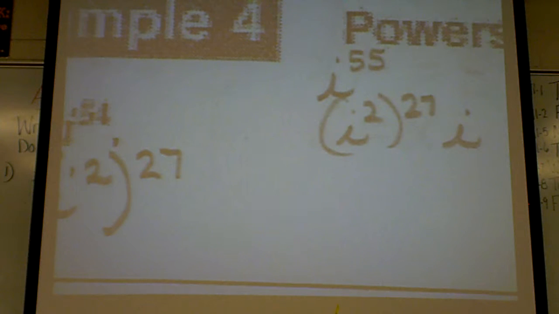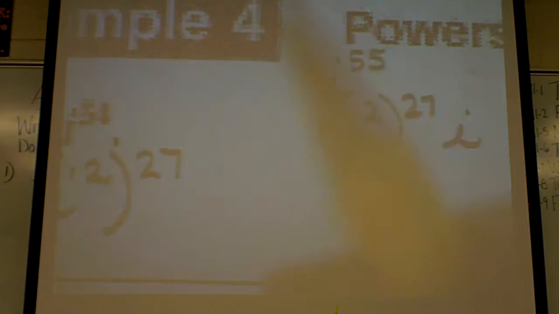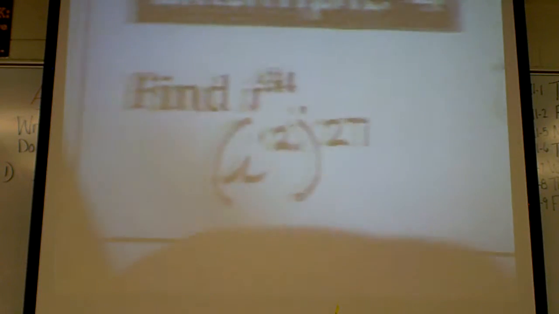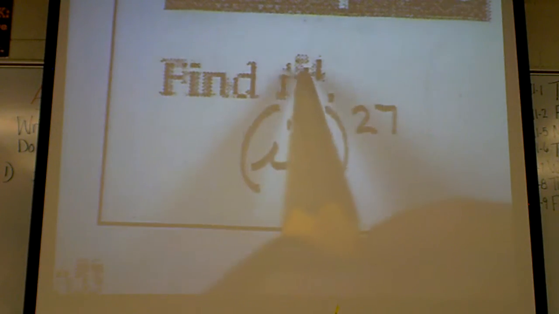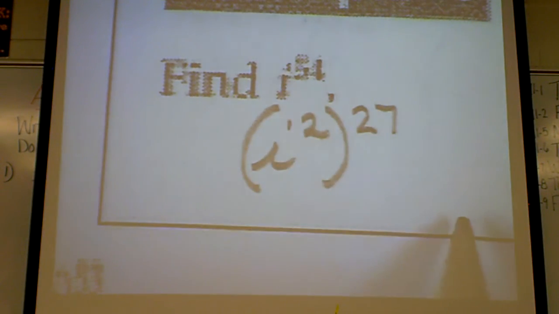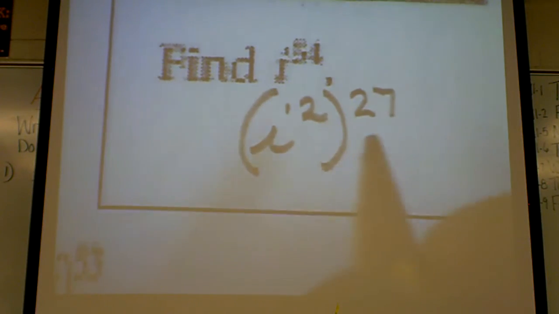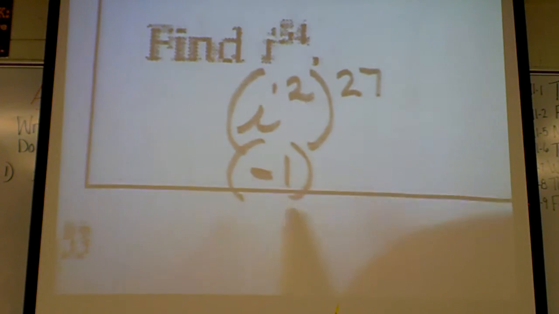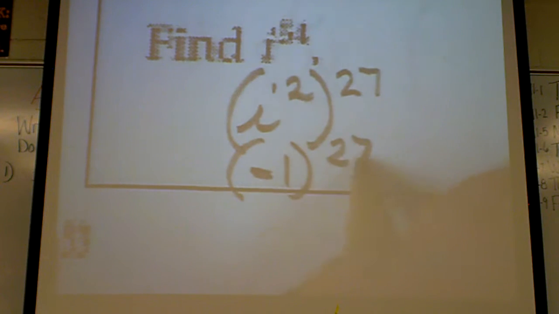If it's an odd power. If this power is odd, there will be 1 i left over. Okay. If it's even, 2 goes into any even number with nothing left over, right? Now what you're going to do is simplify this. What did we say another name for i squared was? We said negative 1. And what's negative 1 to an odd power?